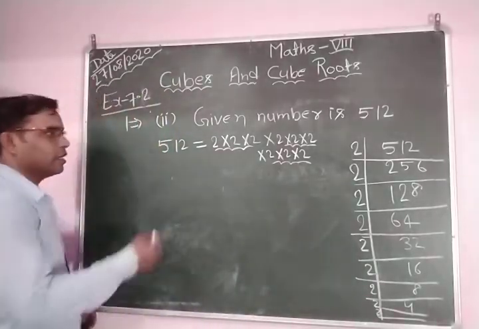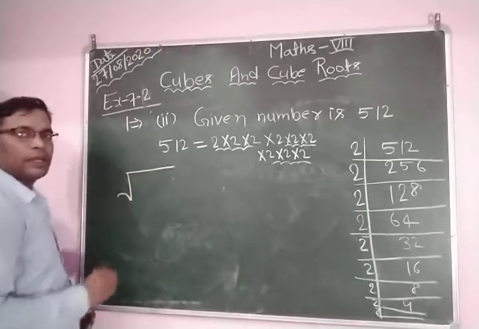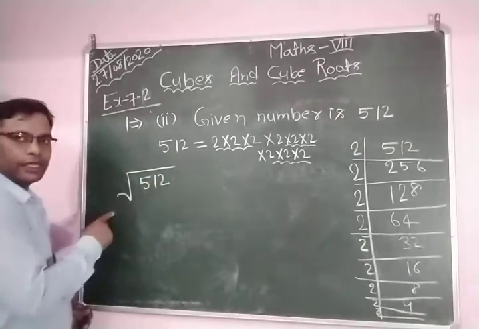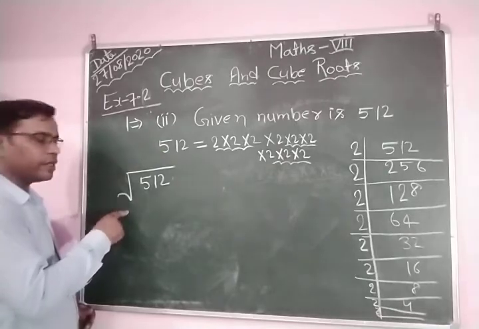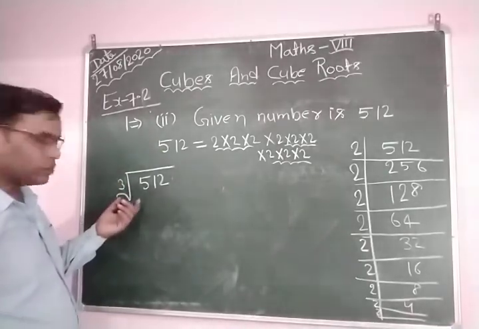After this you can find the cube root of 512. Here you can read it as the square root, not the cube root. When we write 3 here, then it becomes the cube root.